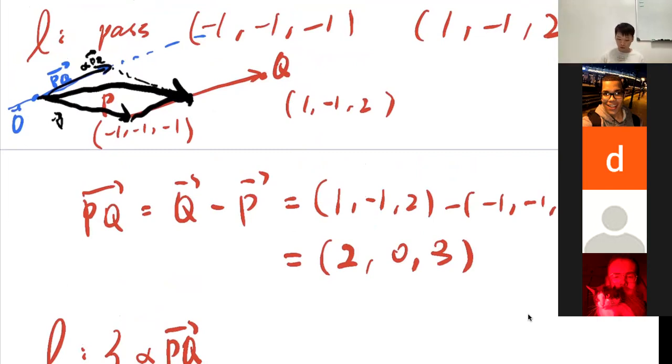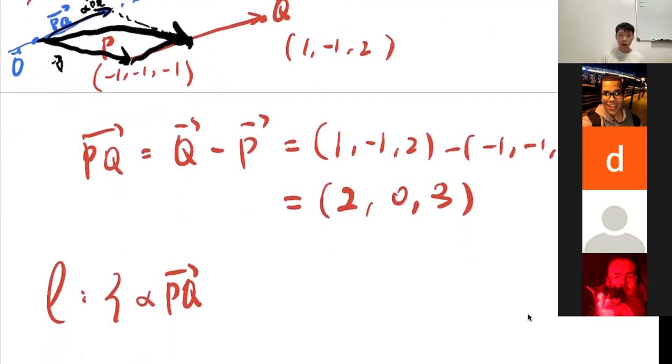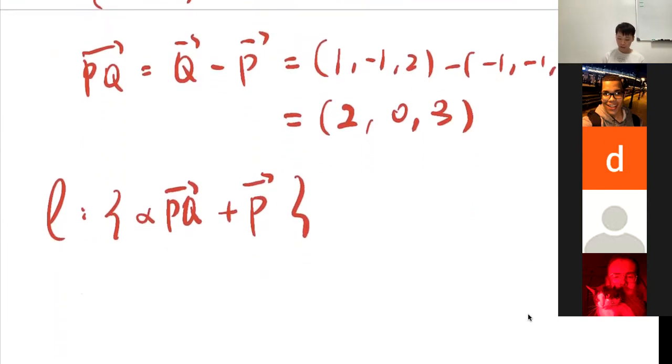So when you do this for all alpha, you get all the points in the line, and that's exactly how you represent the points in this line.